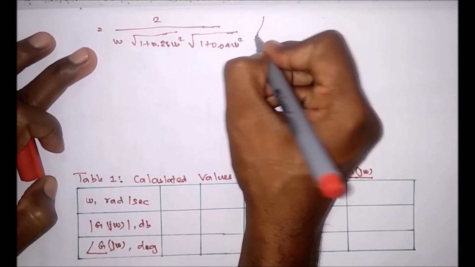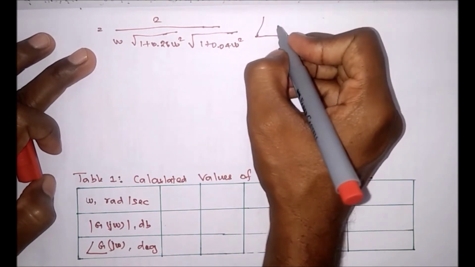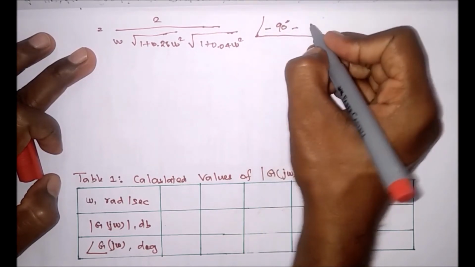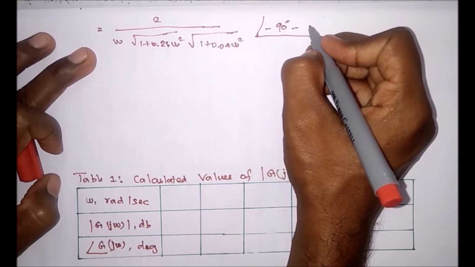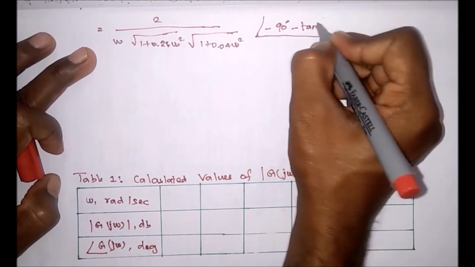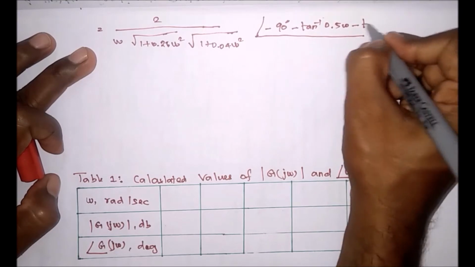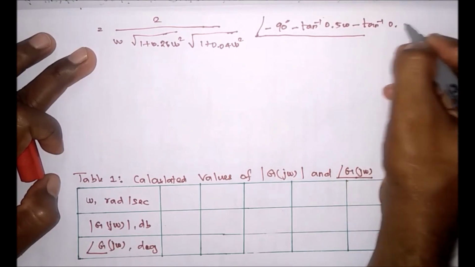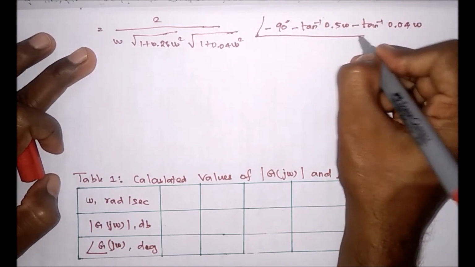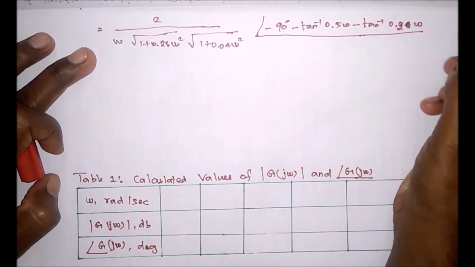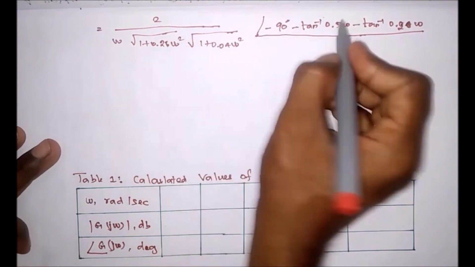For the angle, taking the denominator angles to the numerator changes the signs: minus 90, minus tan inverse of 0.5 omega, then minus tan inverse of 0.2 omega. So this is the magnitude, and this is the angle.